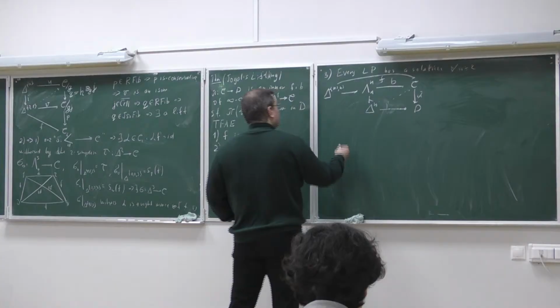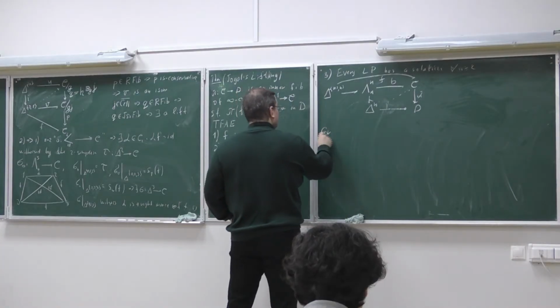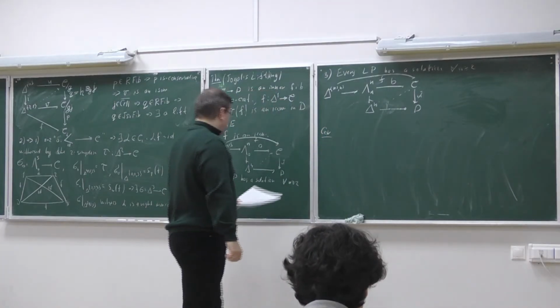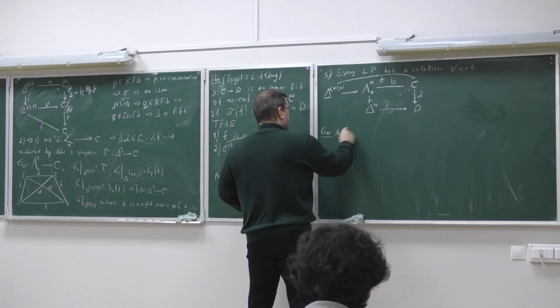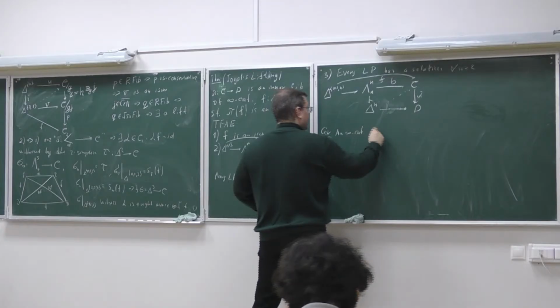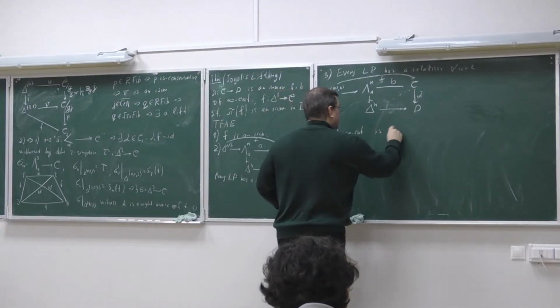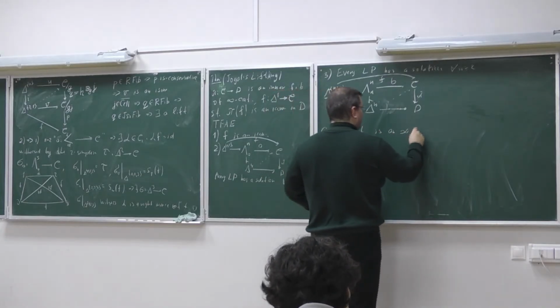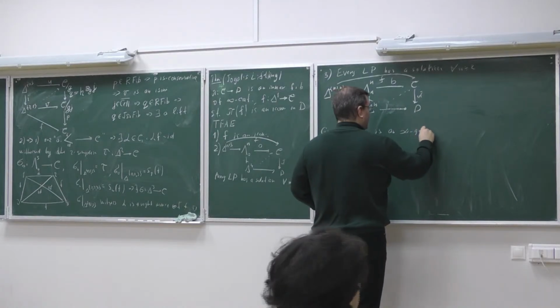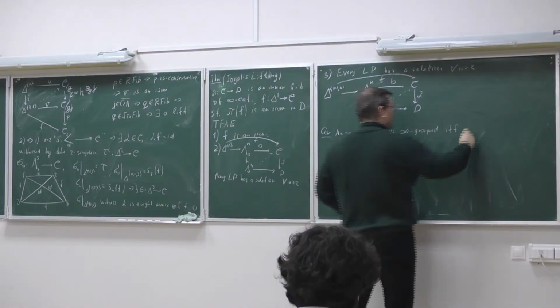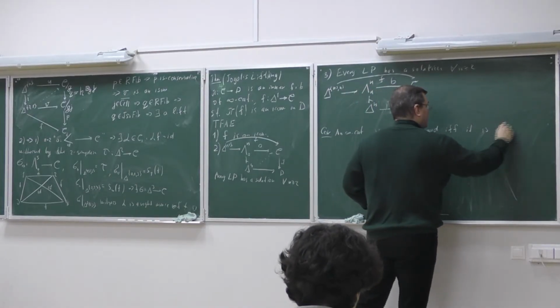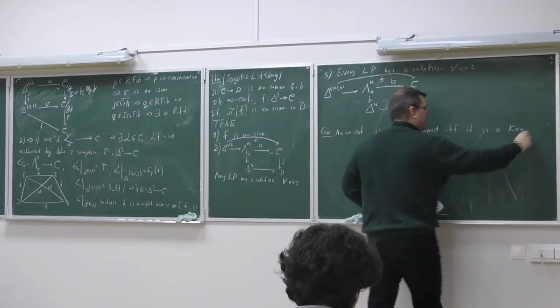So, for example, we can derive from this several statements, but for example, this one. An infinity category is an infinity groupoid if and only if it is a Kan complex.